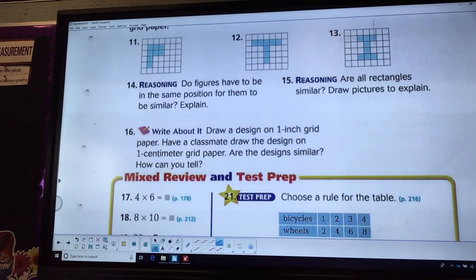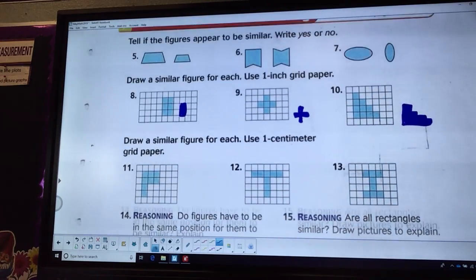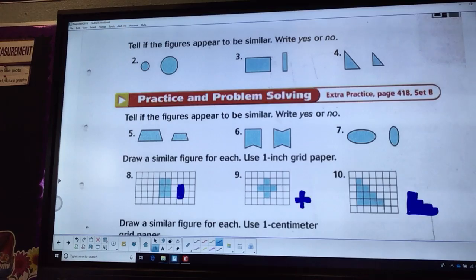Okay? Now, let's look at number 14. Reasoning. Do figures have to be in the same position for them to be similar? Okay. I want you to think back to what it said way up here.